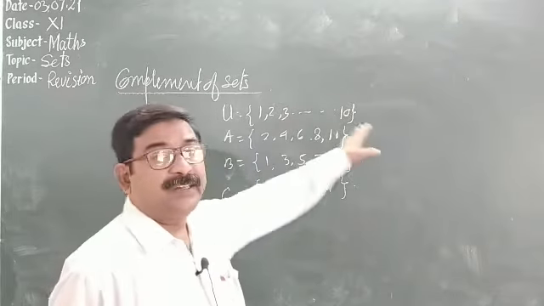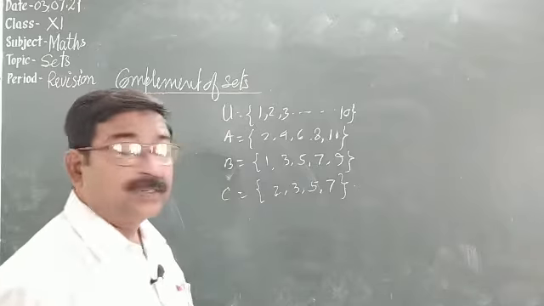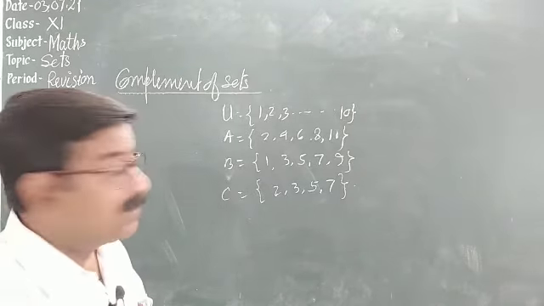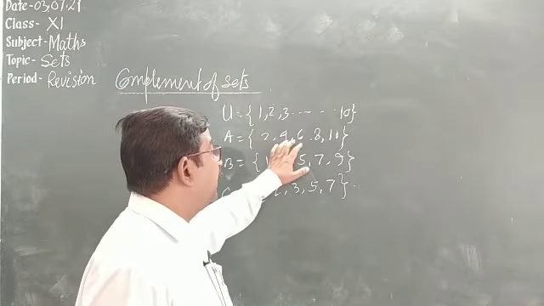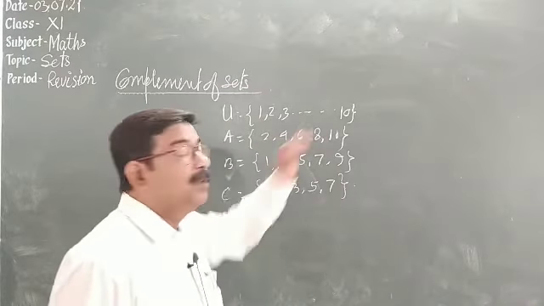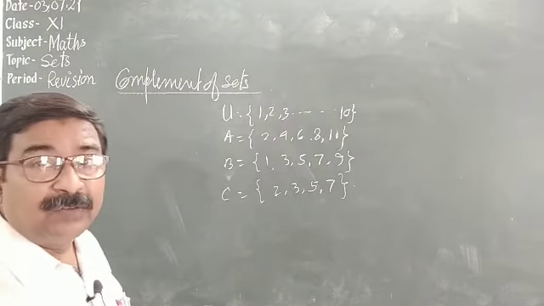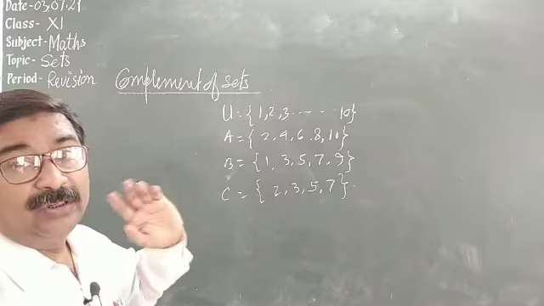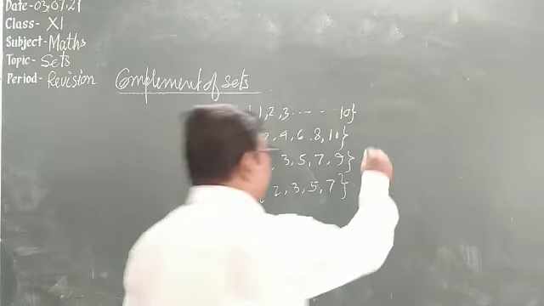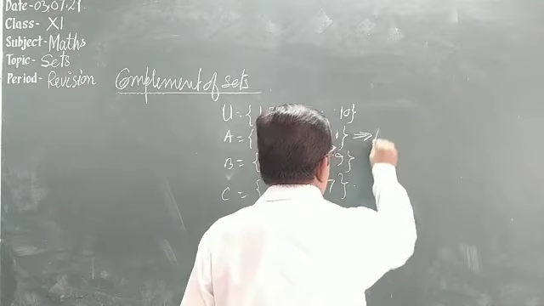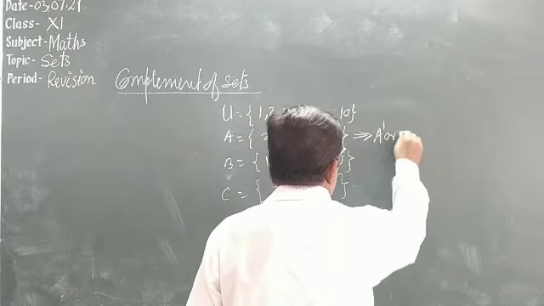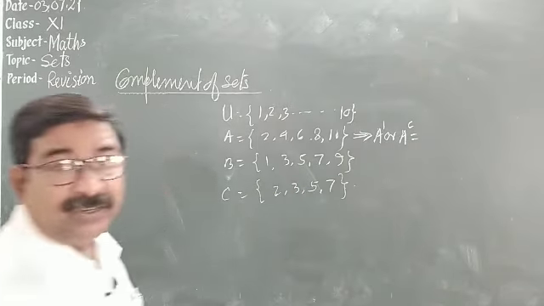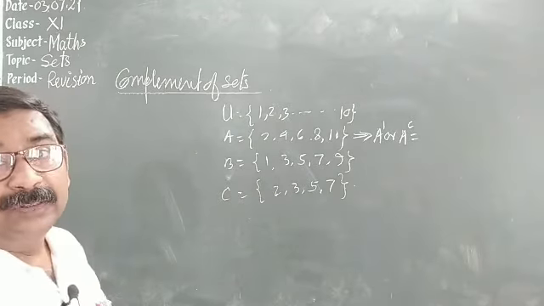So this is the universal set. These are the sets whose complements we find. When we find the complement of a set, we remove the elements of the set from the universal set, and whatever elements are left behind are called the complement of the set. This is noted as A dash, or A with a small c. This denotes the complement of the set.